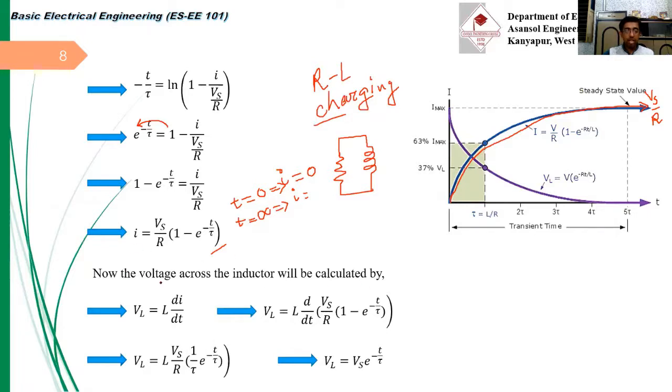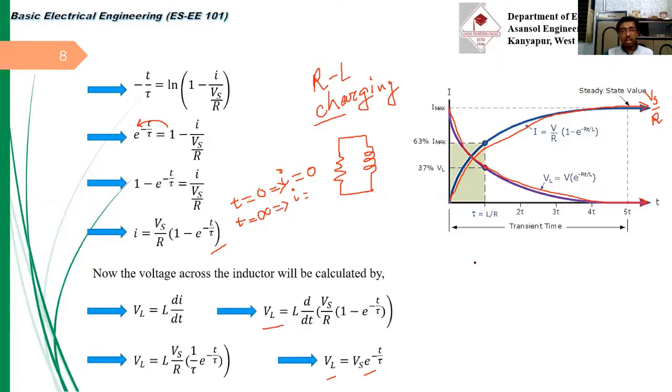L into di/dt. You already know the I value, so by differentiating it you can calculate VL equals Vs into e to the power minus t by tau. So the voltage is like this for the inductor.